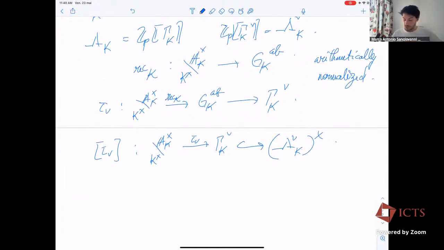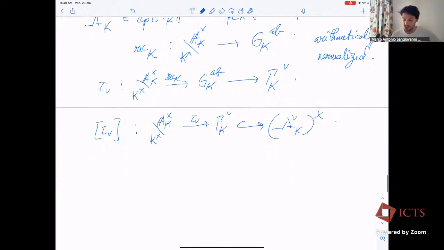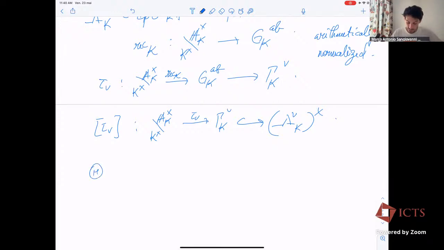Okay, so now I have introduced all the relevant notation to define the theta family. I denote theta to be the sum over n greater than or equal to 1 of a_theta(n) q to the n.